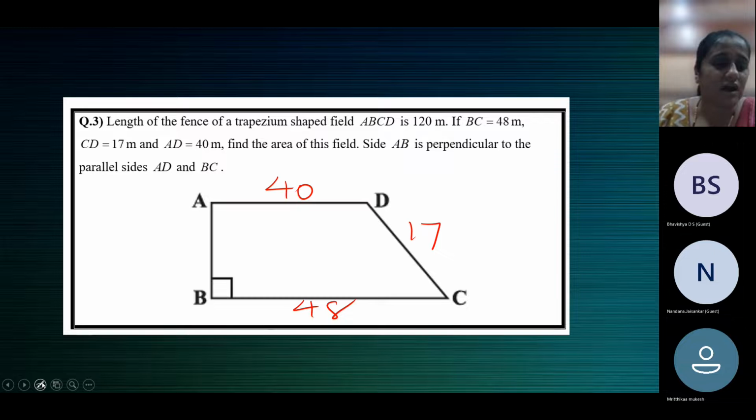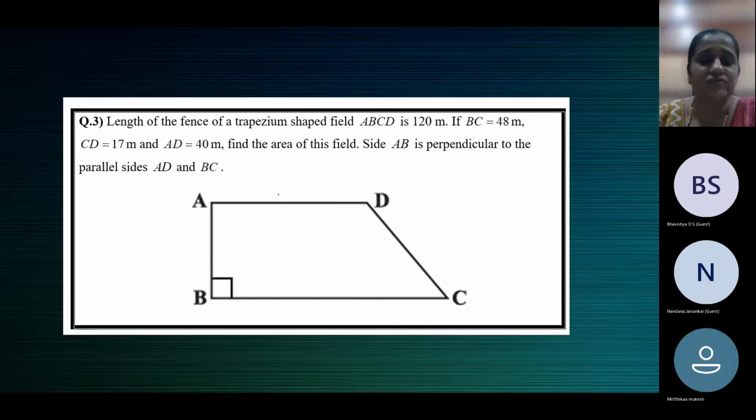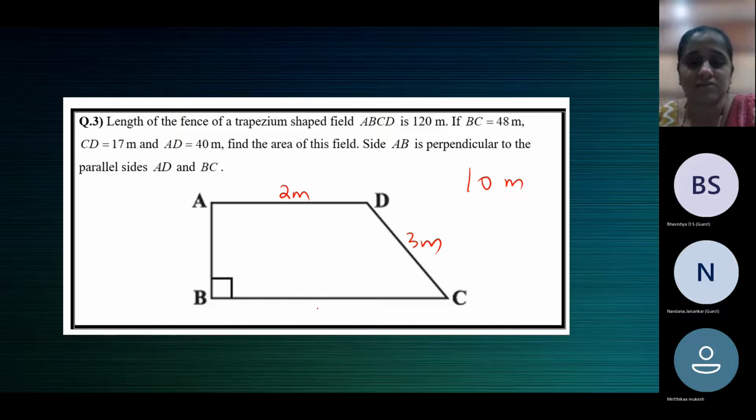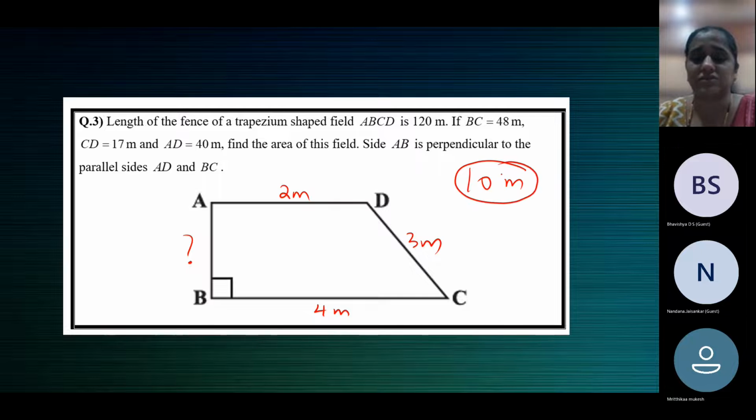Now, children, answer this question. Supposing the perimeter of this field is 10 meters, and this side is 2 meters, this is 3 meters, and this one is 4 meters. What is the length of this side, AB, if I tell you that the perimeter is 10 meters?